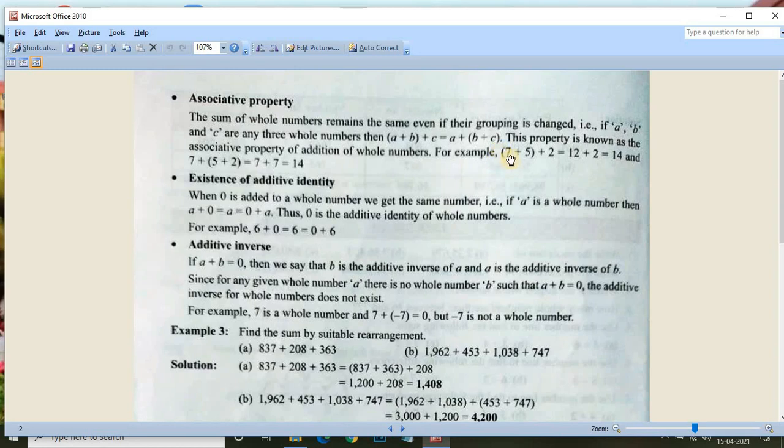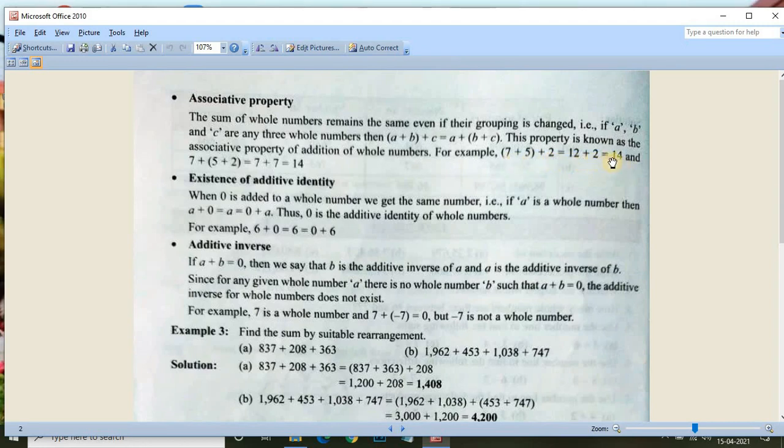For example, (7 plus 5) plus 2 equals 12 plus 2 equals 14. Now what does it mean? You can see here clearly, 7 plus 5 equals 12 and 12 plus 2 becomes 14.